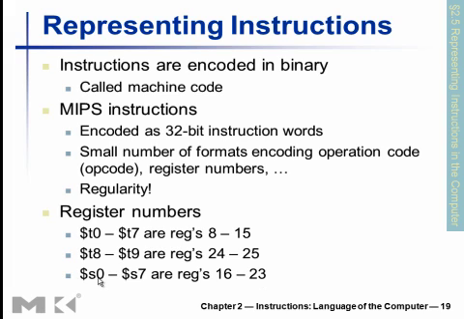Basically, you can use these 32 registers however you like. However, we name them this way. So when you say $s0, this means it is a saved register. Sometimes if you want to use it, you need to save the register.